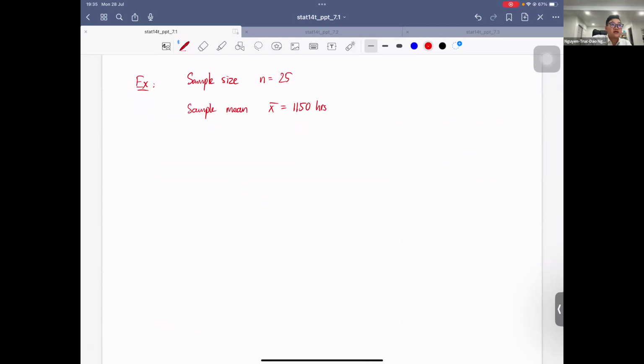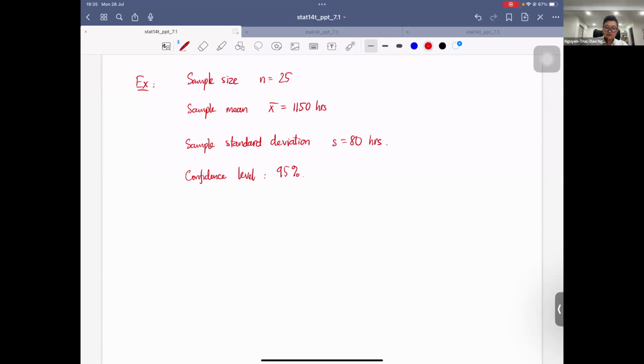Then we have the sample standard deviation s equals 80 hours, and the confidence level is 95%.